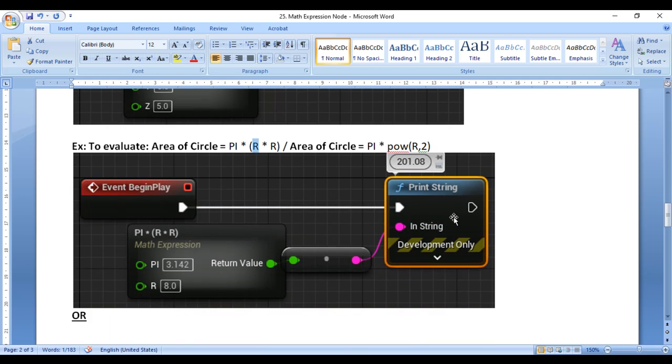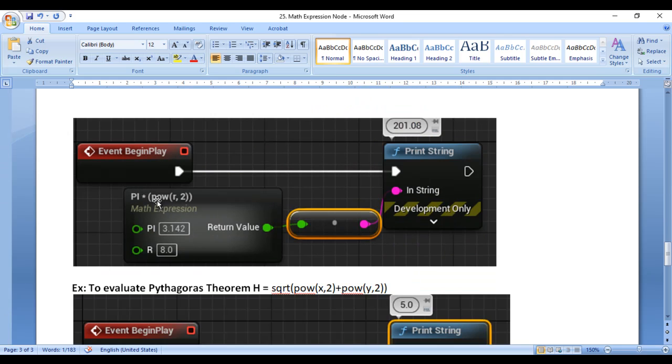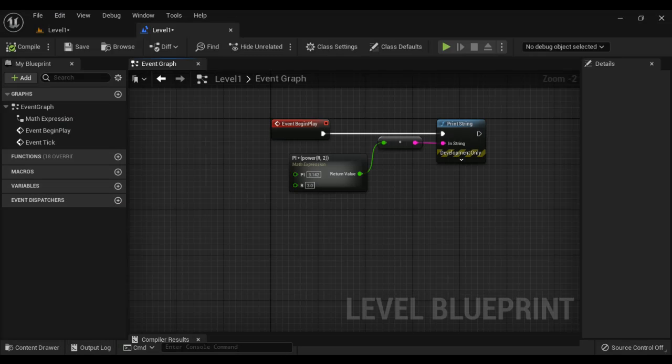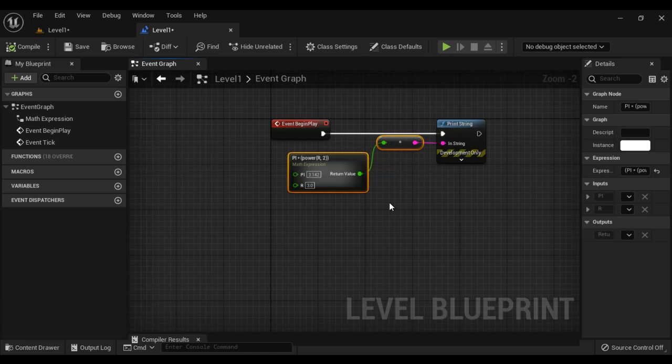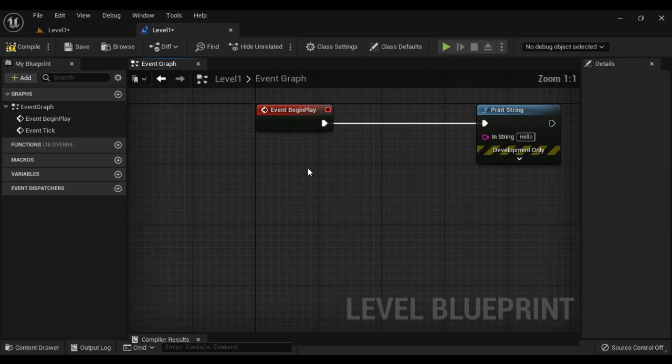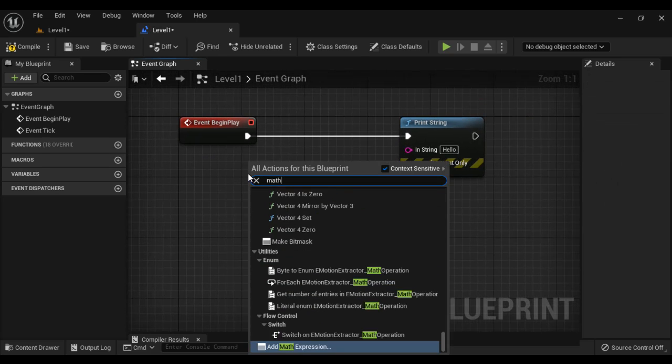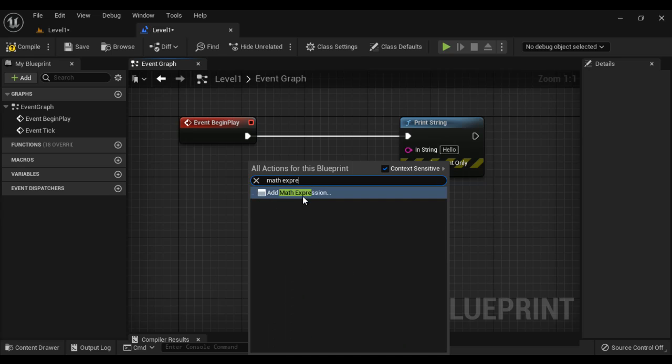Okay, just understand. You can see it has converted. Either you can use power or you can use POW, which is power, guys. So here we have square root of x square plus y square, a math expression which we can write to find the hypotenuse, right? So simply we can delete this, and you can say here right click, you can add a math expression.